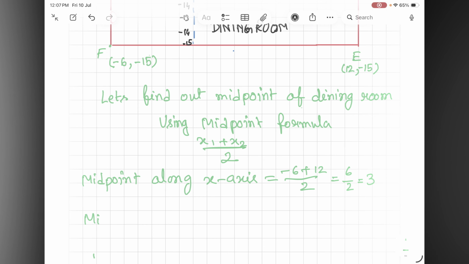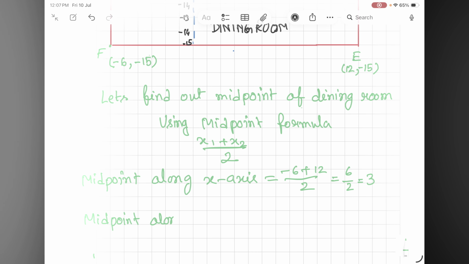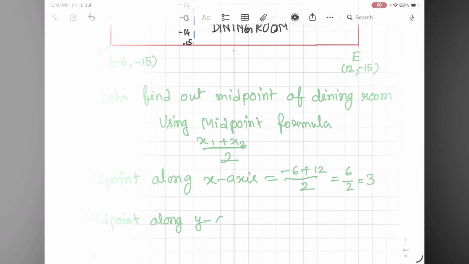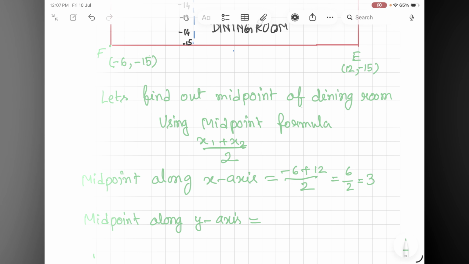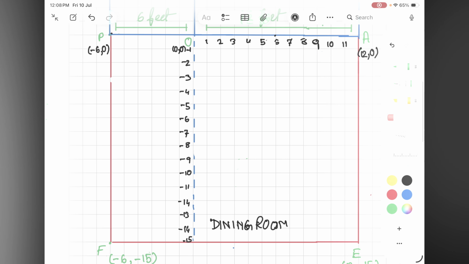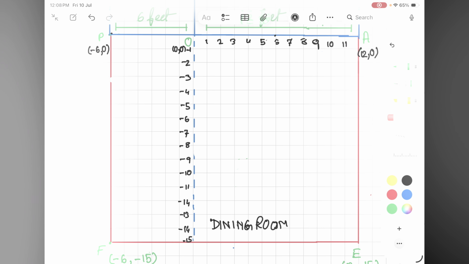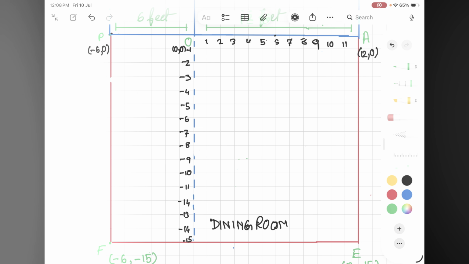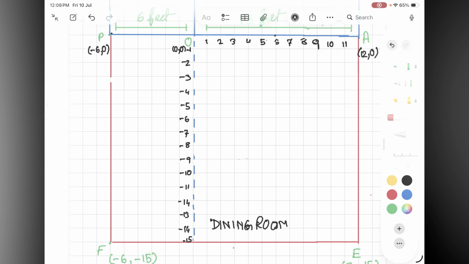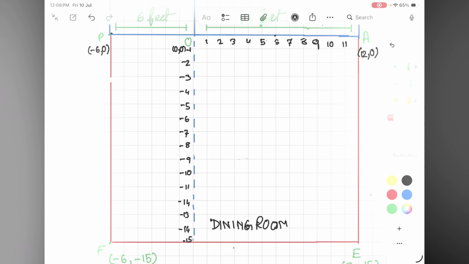Similarly, the midpoint along the y-axis. Let's see the coordinates on the y-axis.